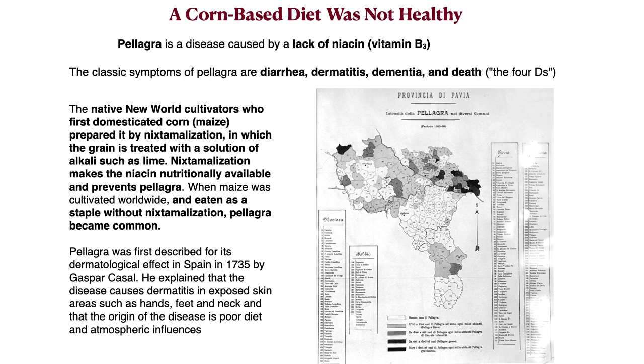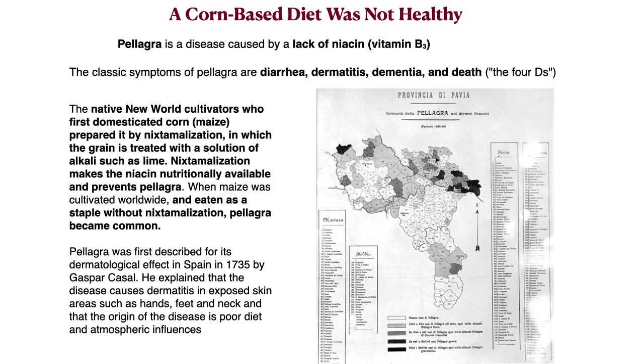Actually, corn has it as well, but it has to be made available by adding an alkali to the grain. And peoples in the New World knew how to do this. In North America, for example, hominy was eaten. I think it was just addition of ash, and certainly in making tortillas in Mesoamerica, the process was done.